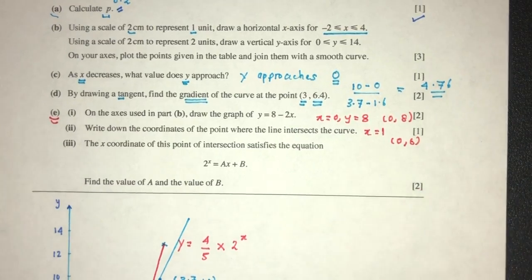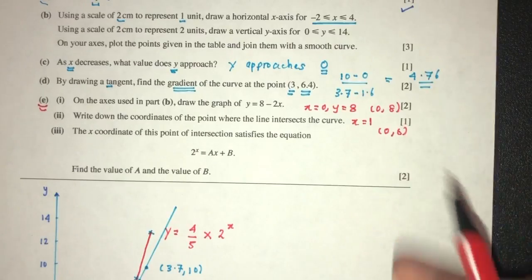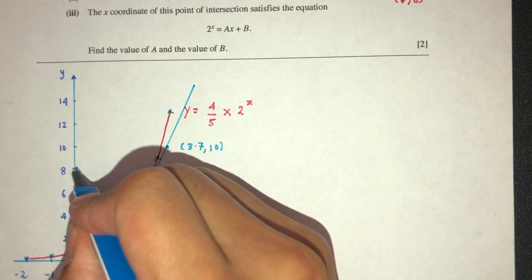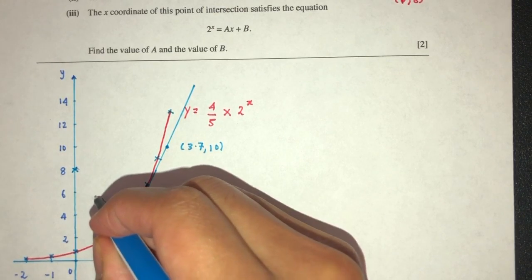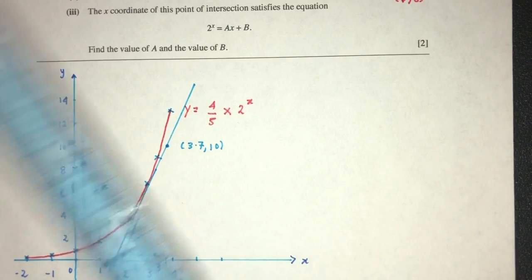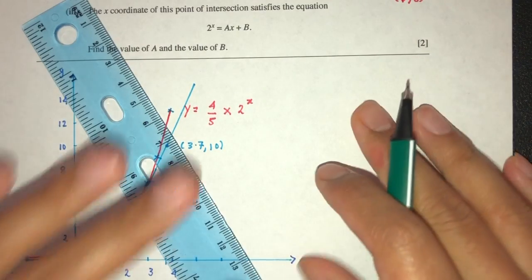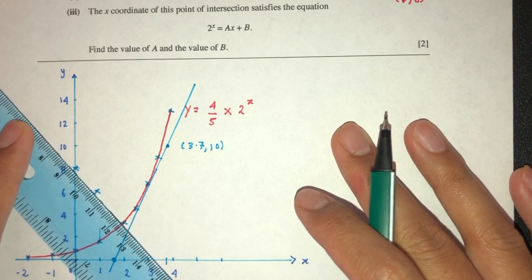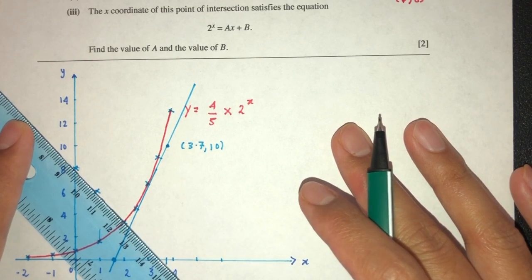So we have 2 points, 0, 8 and 1, 6. 0, 8 will be this one, and 1, 6 this one. So let's join these two to form our line. So this is the straight line, something like this.